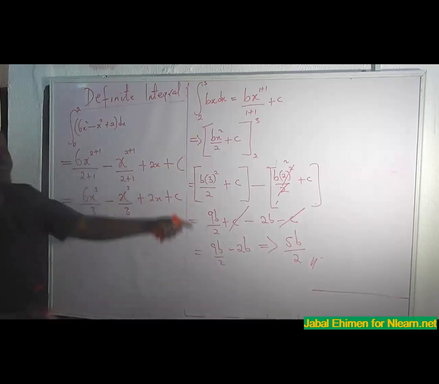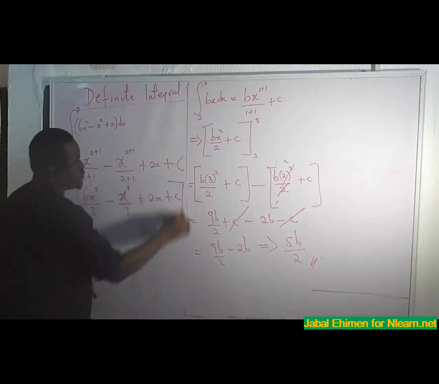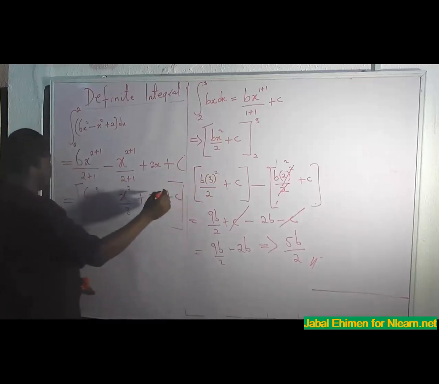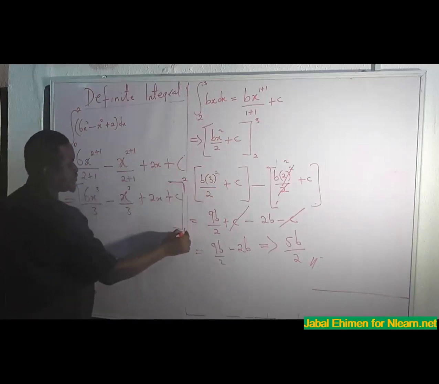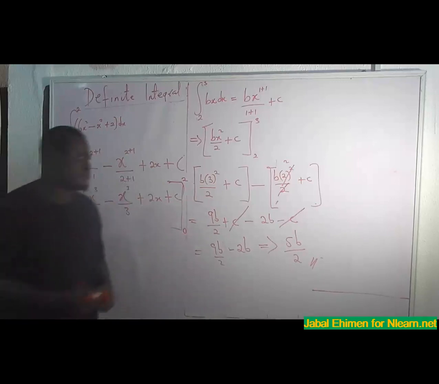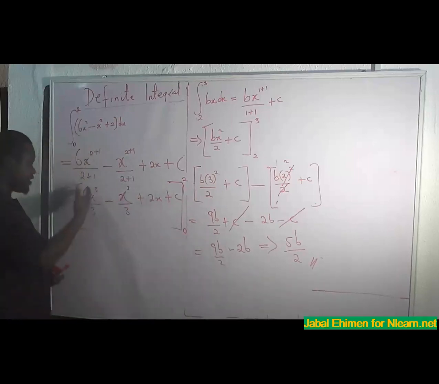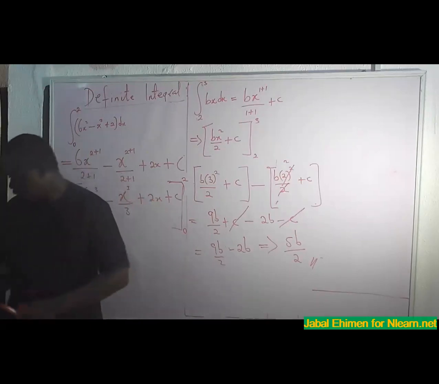Now, I have something like this. But don't forget that my bandwidth value will be at the top is 2 and beneath is 0. So please take a look at this. Take a deep breath and look at this over. 6x cubed over 3, x cubed over 3 plus 2x plus c. Now that's simple enough.